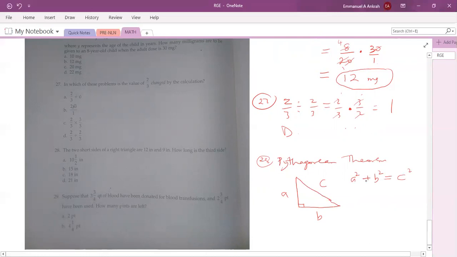For this question, the two short sides are 12 and 9, and you want to find the long side. So A squared plus B squared should be equal to C squared, the long side squared.